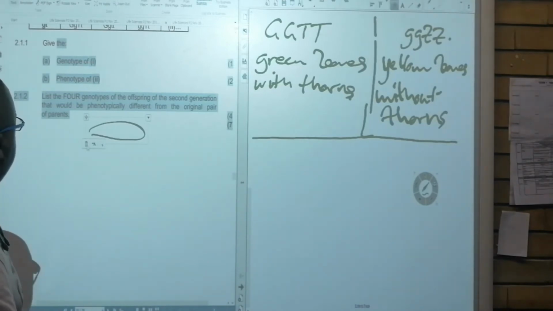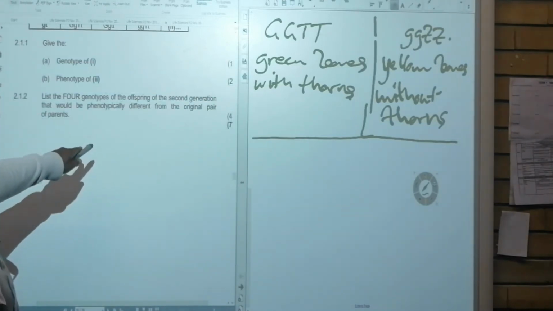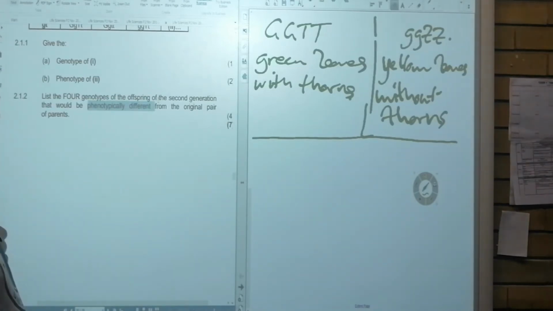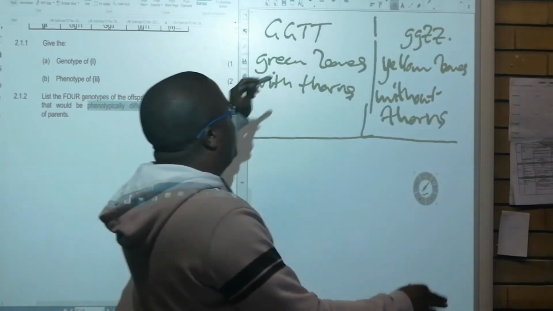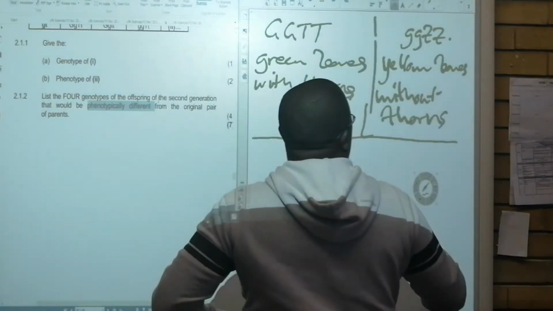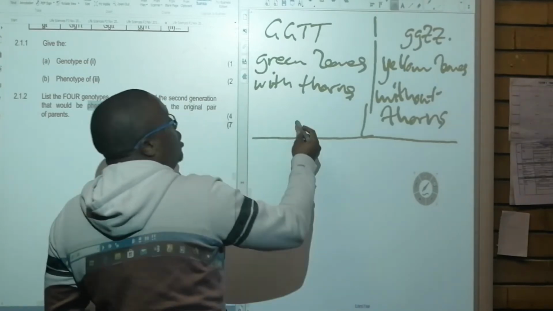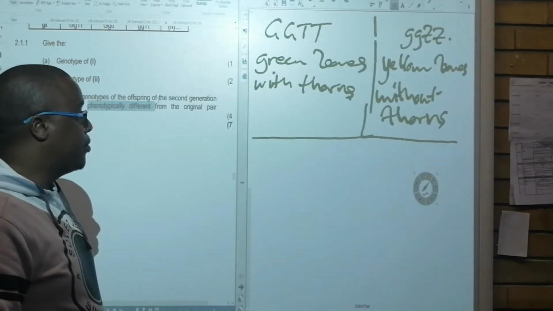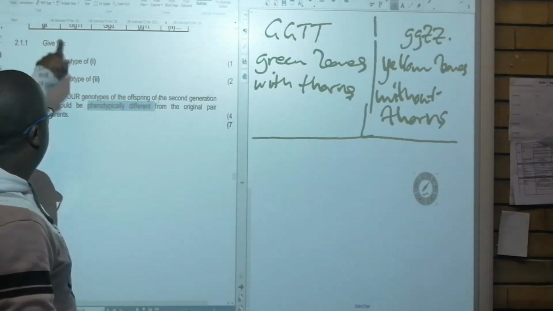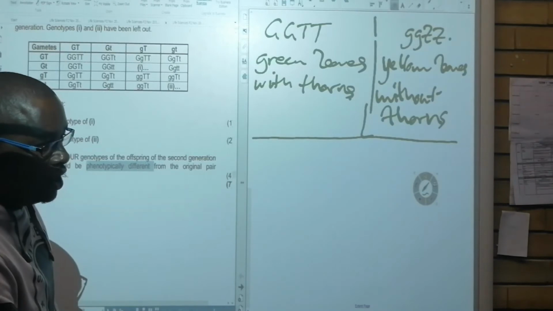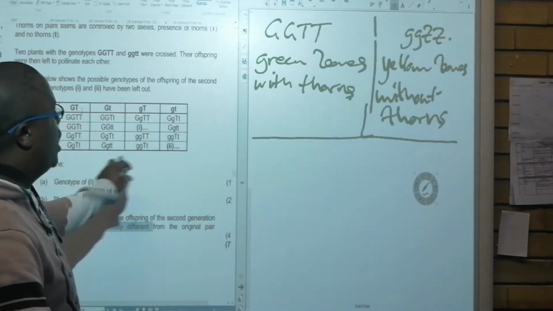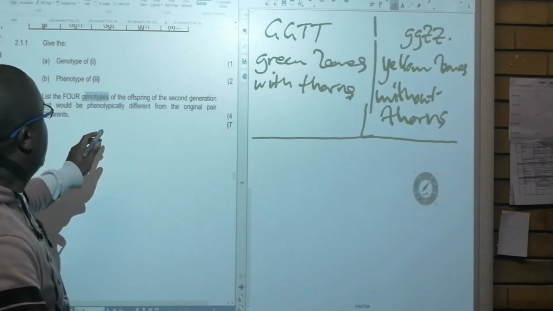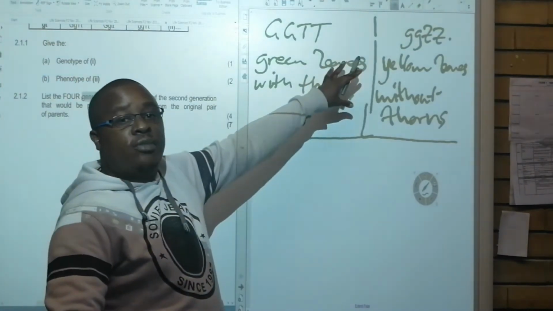List 4 genotypes of the offspring of the second generation. That would be phenotypically what? Different. If they are going to be different from this, what this means is that we are looking for the genotypes of offspring from this cross that would make them different from this.